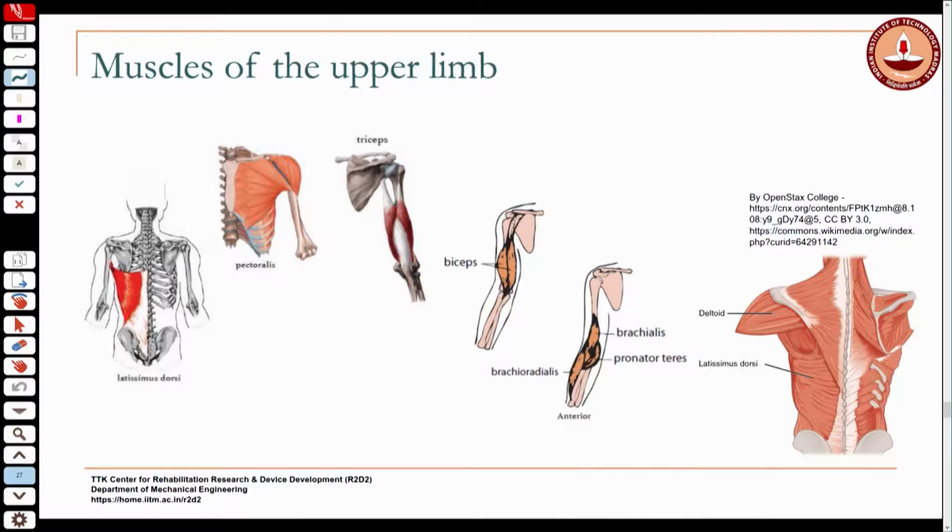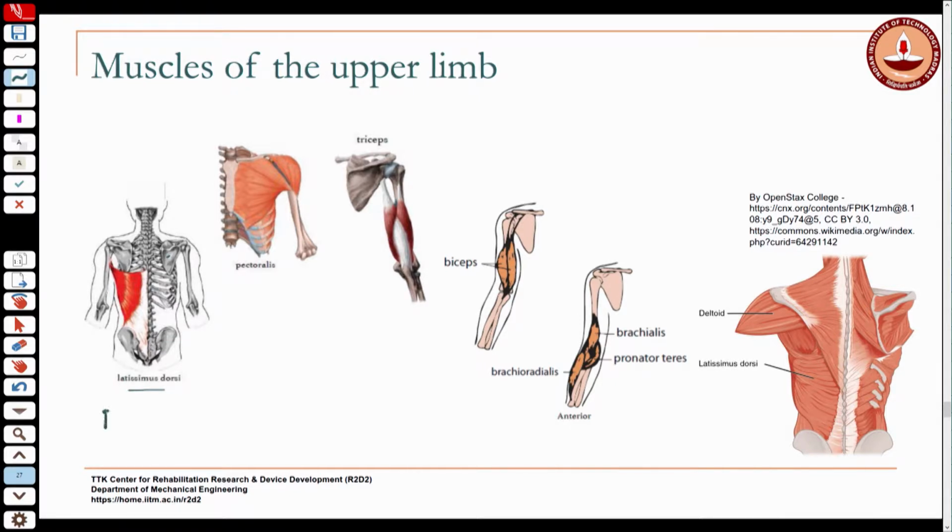So, some of the muscles of the upper limb, or the upper body, if you look at it, you have, what view is this? The first one, where you see the latissimus dorsi. Can you figure out what view?